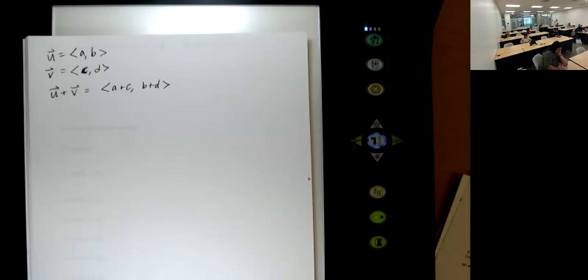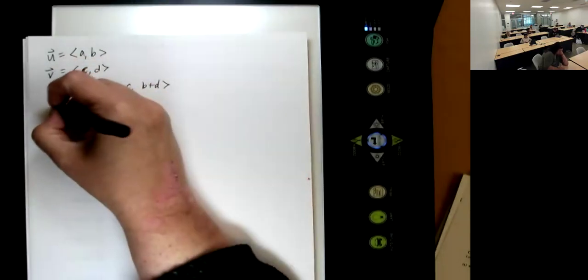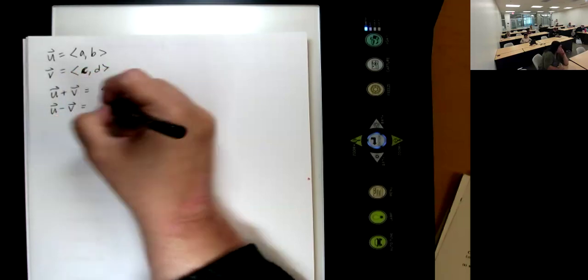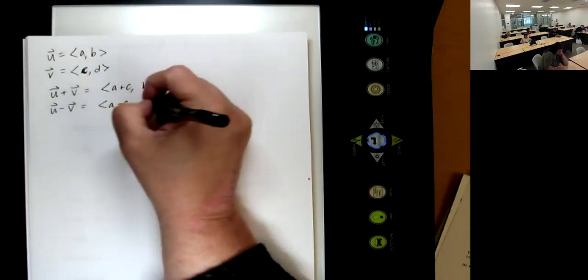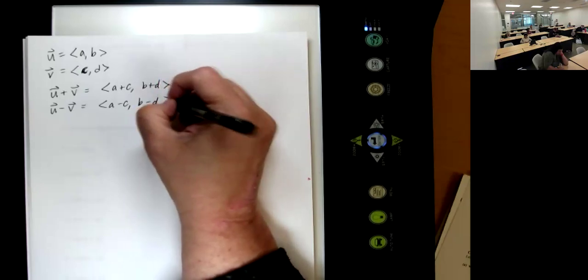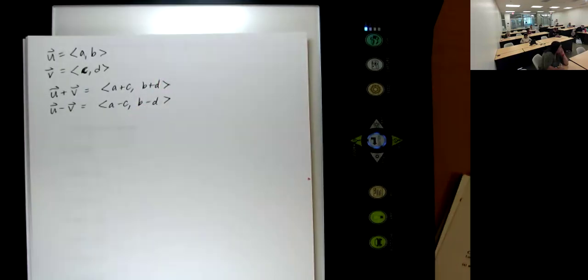You add the x values. Same thing with subtraction, we subtract the values.